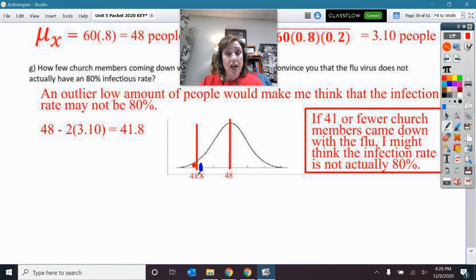You might want to round up to 42 because the number is 41.8, but that is not unusual. It's in the fence. Outside of the fence would be 41. So if 41 or fewer church members came down with the flu, then I would think, oh, we probably actually have a lower infection rate than 80%.